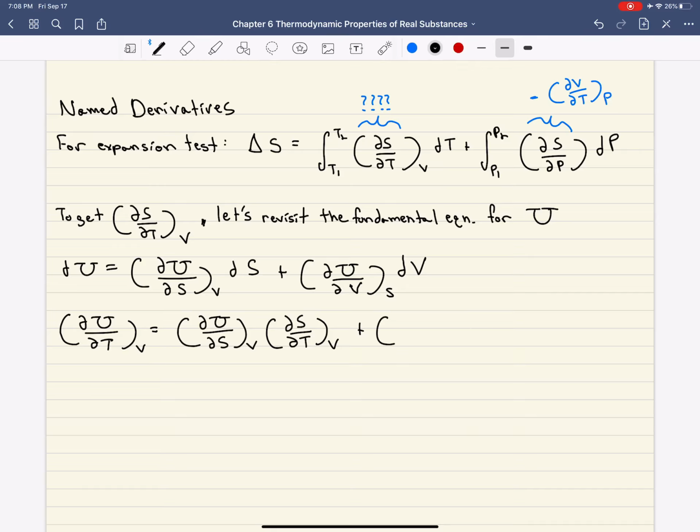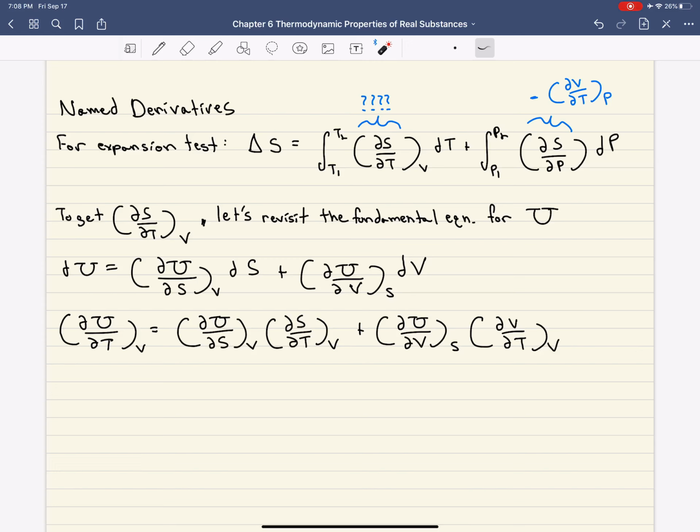Plus (dU/dV) at constant S times dV/dT at constant volume. Essentially we just divided everything by dT at constant V.